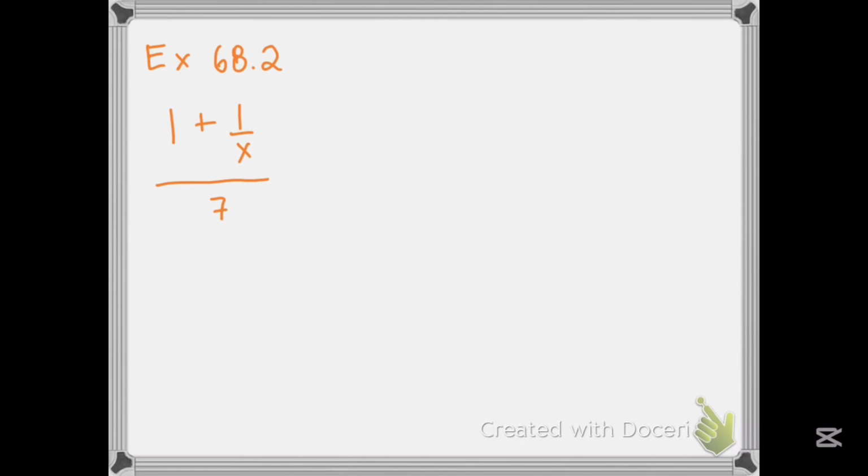Try to do it by yourself and then look at the explanation. So the first one is not ready. Okay, so we need common denominator, which is x, so I'm going to multiply times x, the top and the bottom. If I add that, then I'm going to have x plus 1 on the top with that denominator x. Now notice the 7 is 7 over 1, so I can put here 7 over 1.